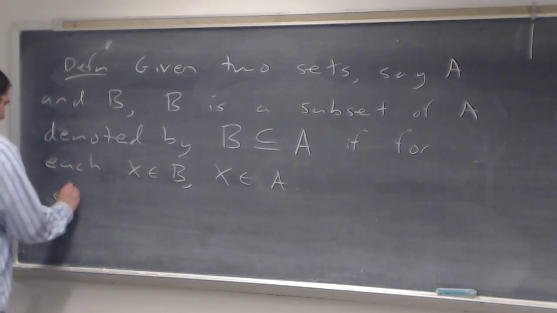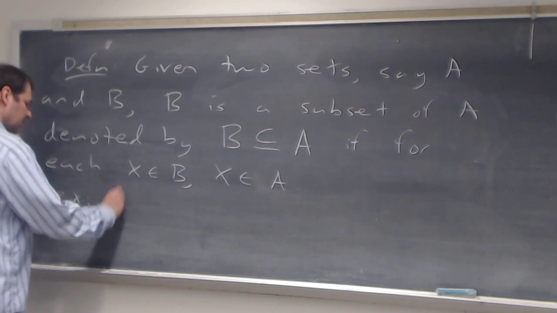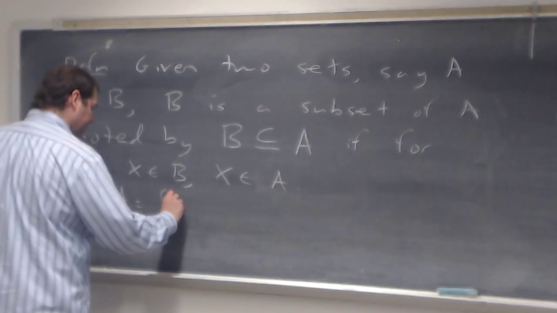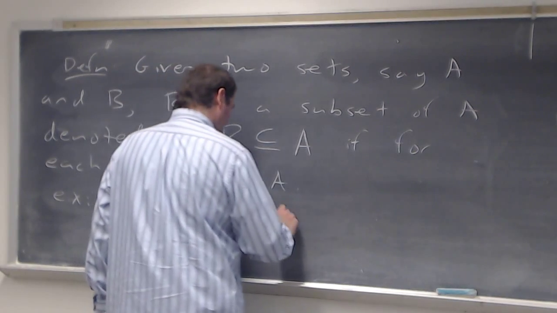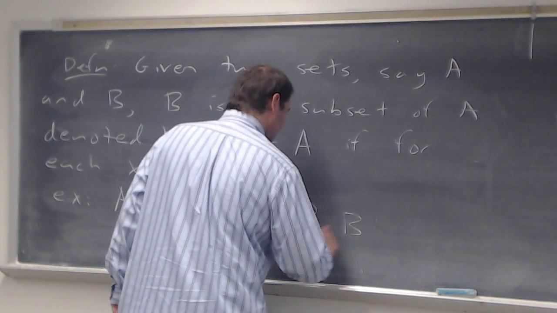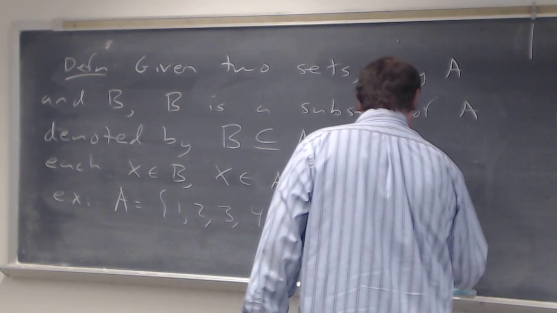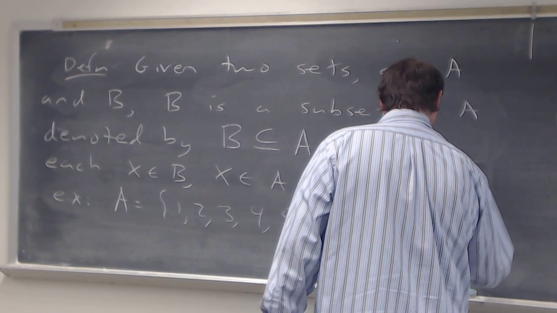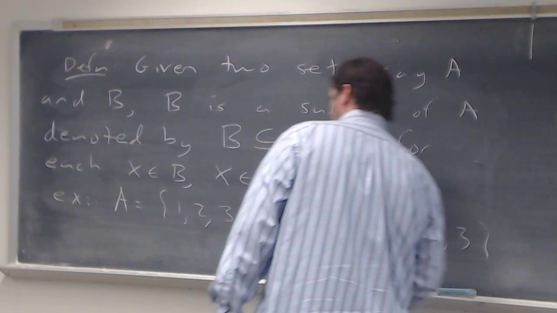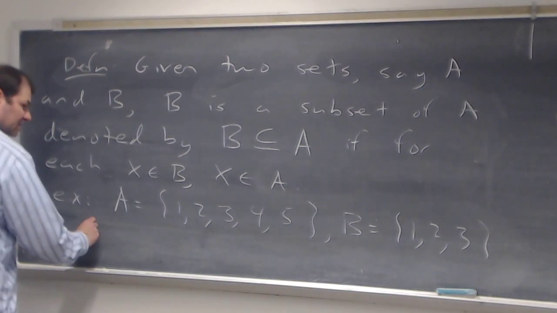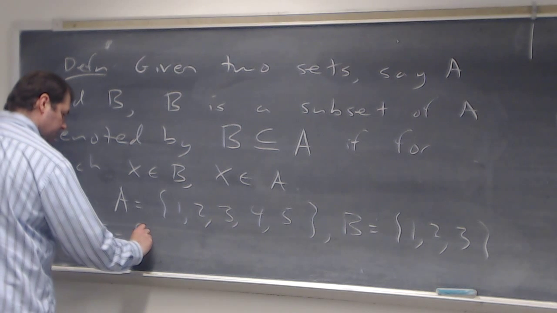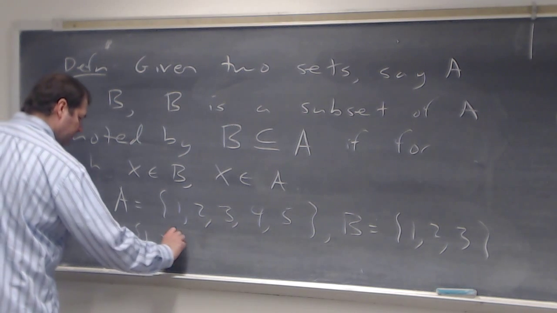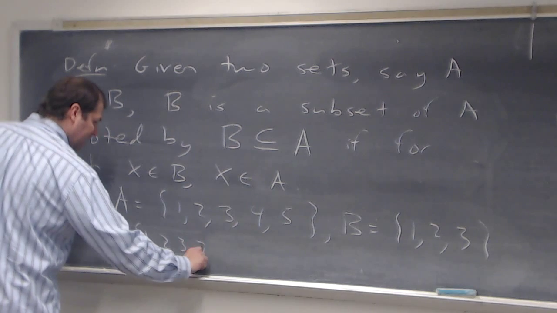Okay? So as an example, if I take a look at the sets A equaling 1, 2, 3, 4, and 5, and B equaling 1, 2, 3, and let's call it E, the set equaling 1, 2, 3, 7.